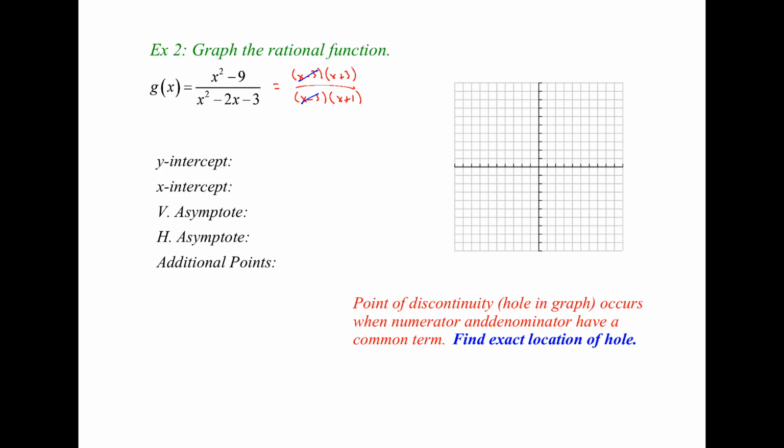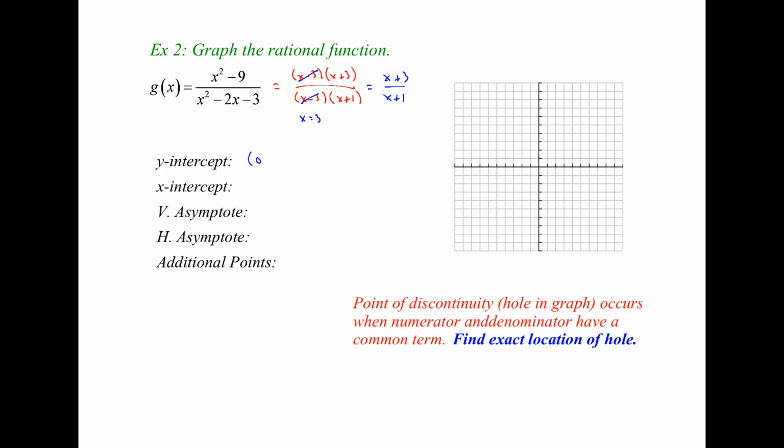And now when we go to find all our stuff, we're going to use the simplified version of x plus 3 over x plus 1. Now at x equals 3, there's still something going on. It's undefined at that value, and we'll talk about that in just a minute. So let's go ahead and find the y-intercept.